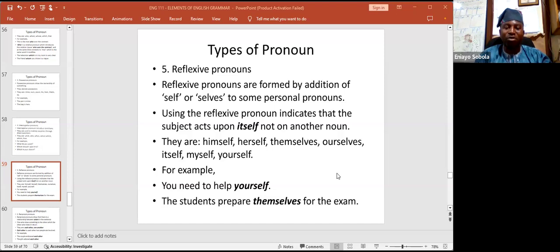You are acting upon yourself. The students prepare themselves for the exam. The students did not prepare another person, but rather they prepared themselves. So the subject acts upon itself when we have reflexive pronouns.